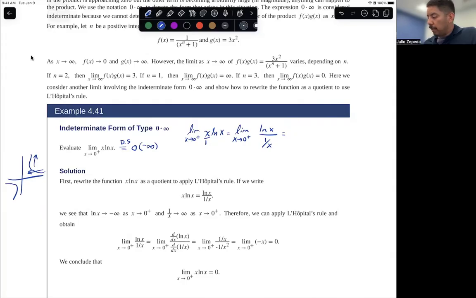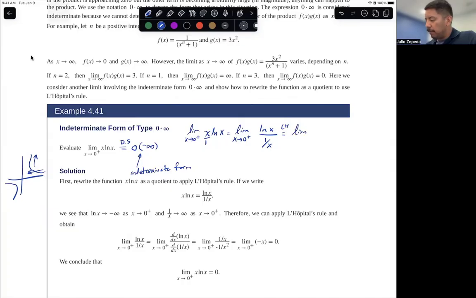Okay, so now let's use L'Hopital's rule. Remember that this is an indeterminate form. So L'Hopital's rule says we can take the derivative of the top.